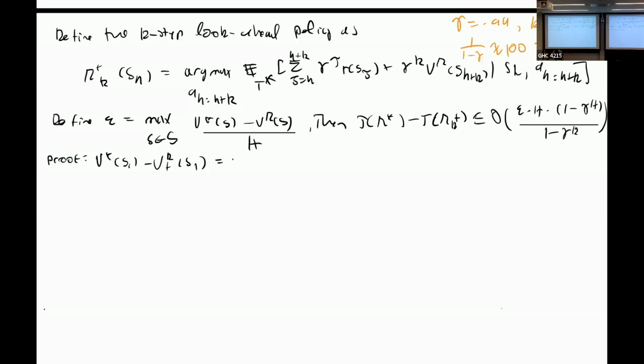So we're going to get the expectation over the sum from little h to big H of gamma to the h of r s_h plus gamma to the k V star of s_k, all this conditioned on pi star. And then we do the same thing for our policy pi k plus.